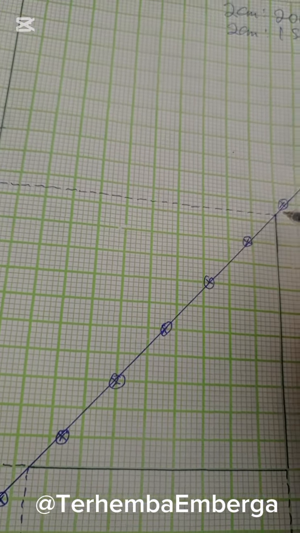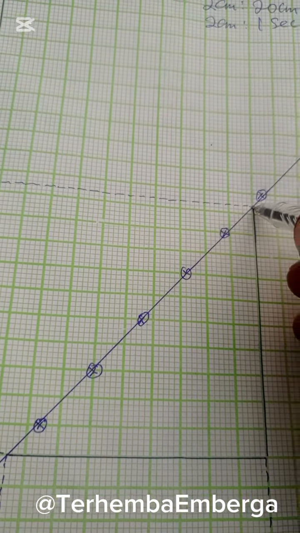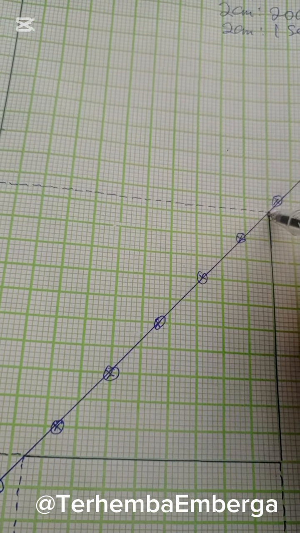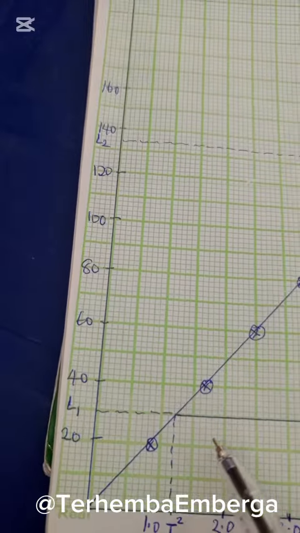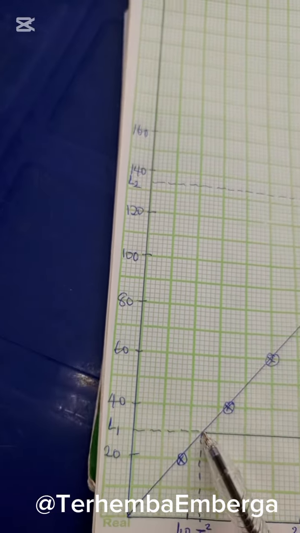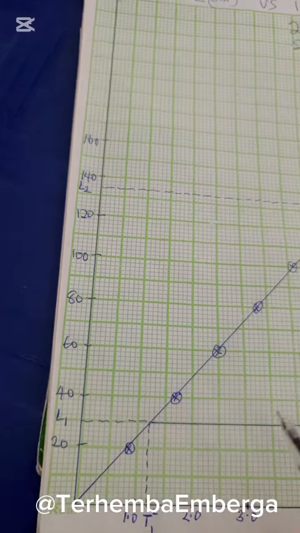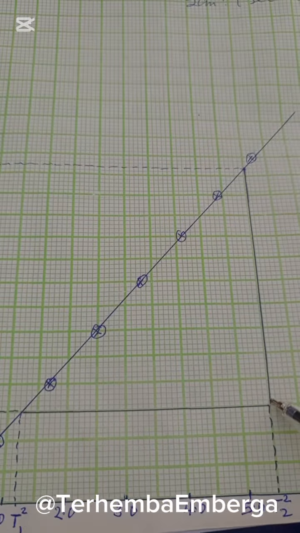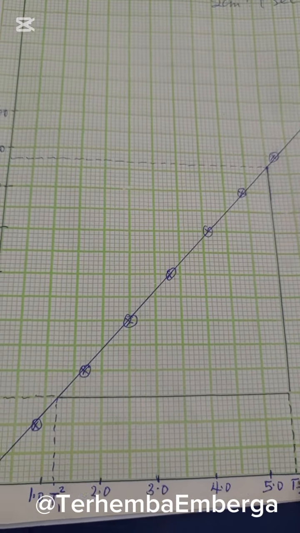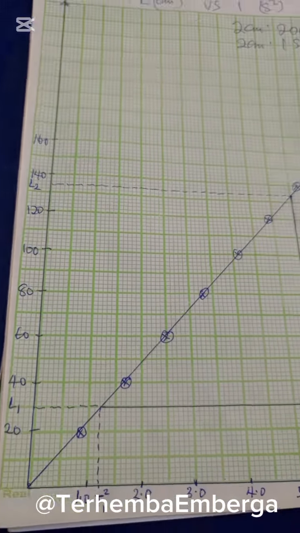At this point where the triangle meets with the baseline of it, you now extend it to the y-axis. At this point too, you extend it to the y-axis, which is the L axis in this case. So this point, you extend it to the t square axis, and so on.